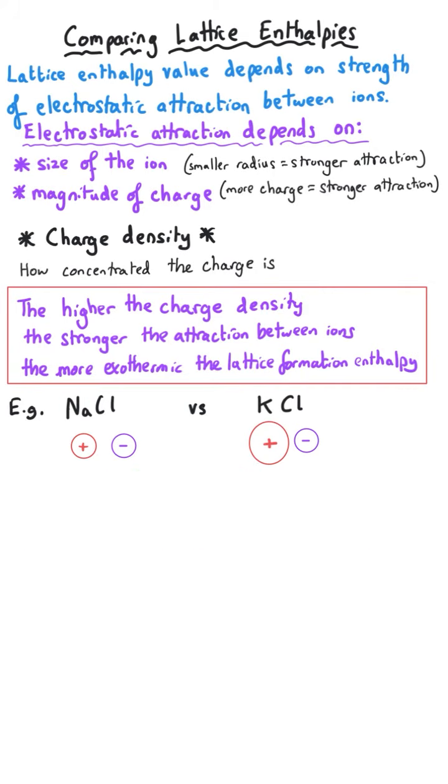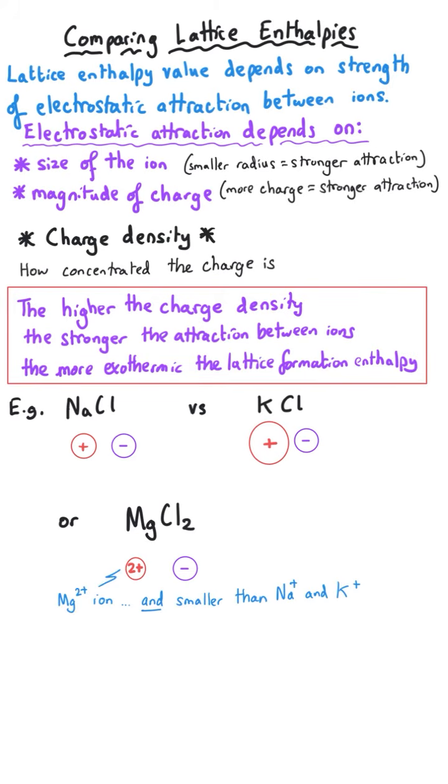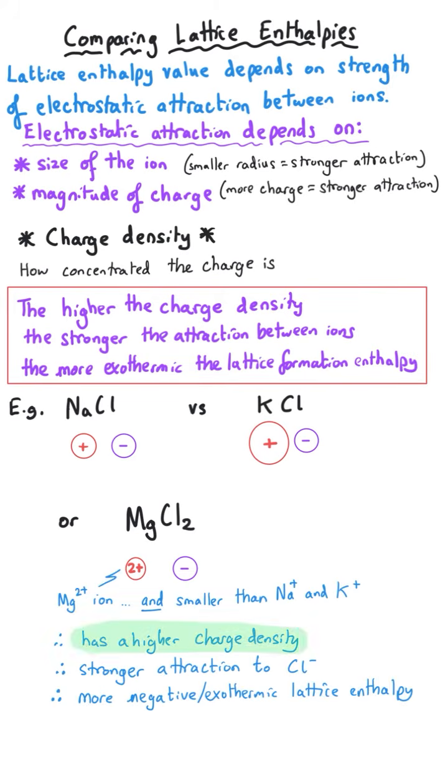If we look at adding magnesium chloride into the consideration, magnesium is doubly positive, so that 2+ ion is likely to have a higher charge density than the Na+ and the K+. Additionally, magnesium is significantly smaller than even sodium, which was the smaller of the two singly positive ions. So magnesium chloride would definitely have a more exothermic, more negative lattice formation enthalpy.